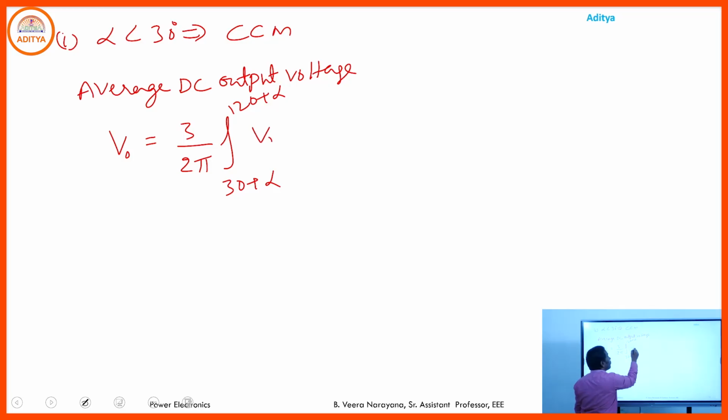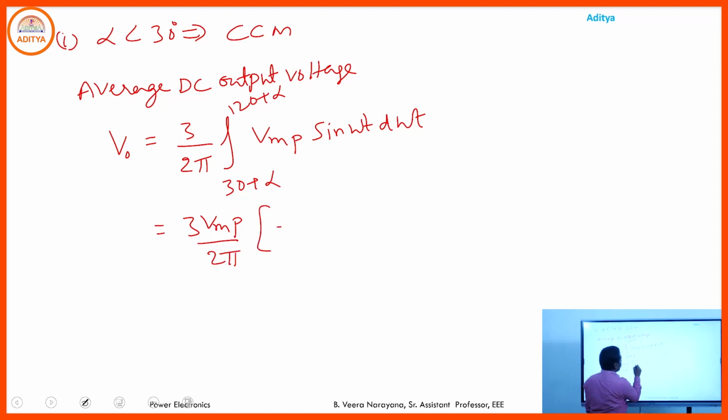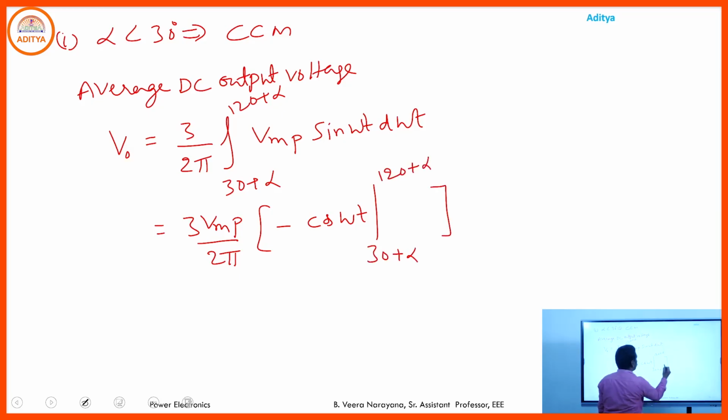What do you transfer? Phase voltage Vmp sin omega t d omega t. So by simplifying this expression, what are you getting? 3 Vmp by 2 pi, integral of sin omega t is minus cos omega t between the limits 30 plus alpha to 120 plus alpha.